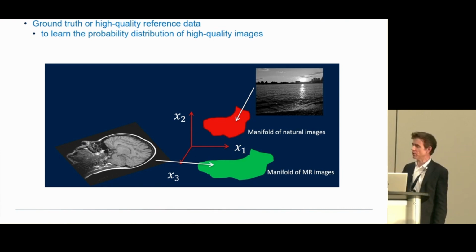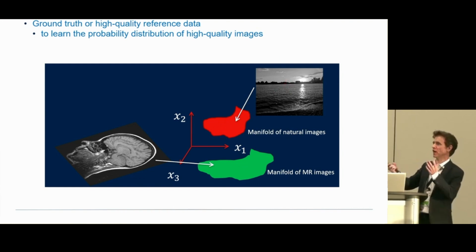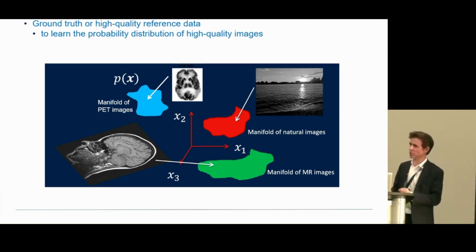Likewise, we could have natural images in the top right corner here. This is a picture of the Thames, and they would also occupy another manifold of that vector space. And of course then, high-quality PET images would occupy yet another manifold of that high-dimensional vector space.